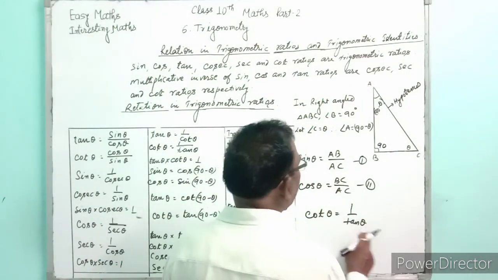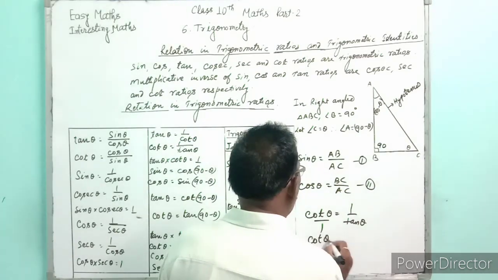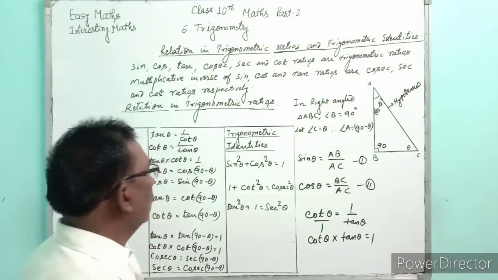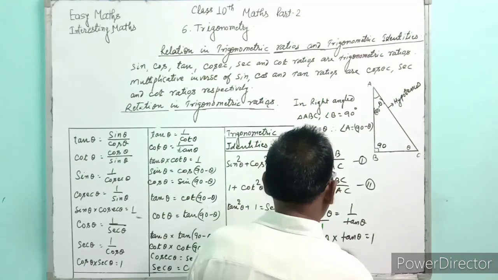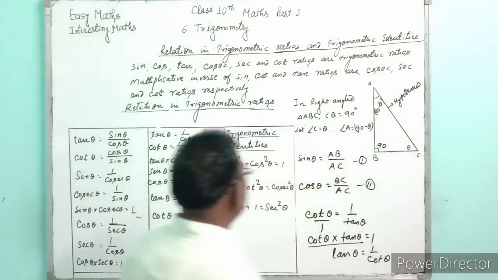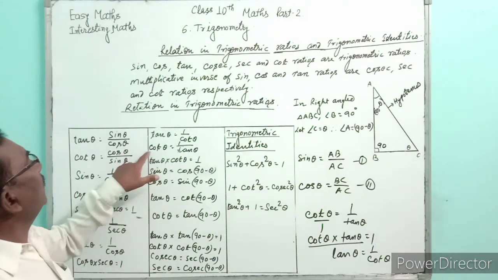Therefore we do cross multiplication. Cot theta into tan theta is equal to 1. Now from this, tan theta is equal to 1 by cot theta. So this formula is also clear.